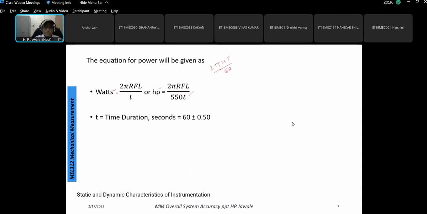Now this is depending on the measurement. Let us assume the time that we have measured with the help of a stopwatch, when the experiment is started, is giving a measure of 60 seconds, and there is an inaccuracy of plus or minus 0.5 seconds. That may occur because of any of several reasons.